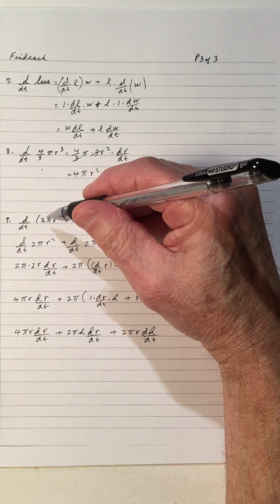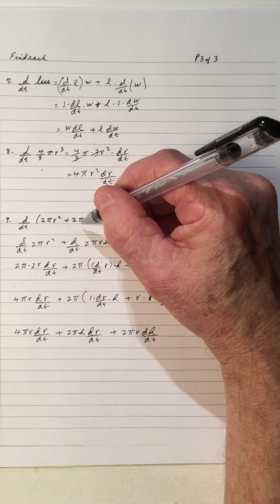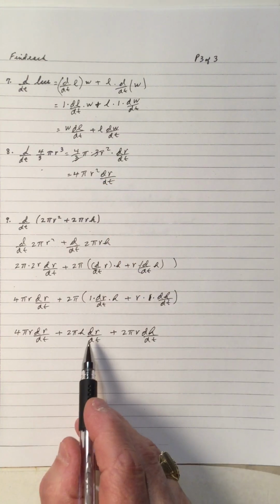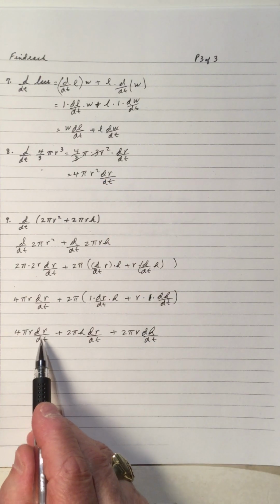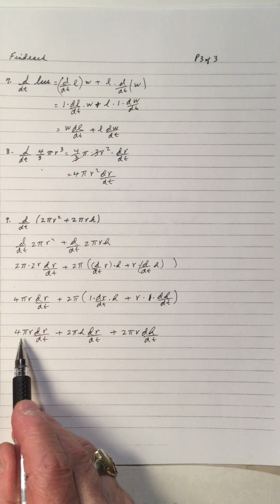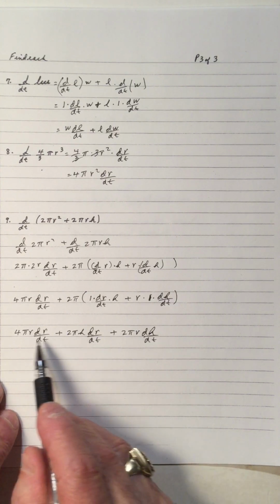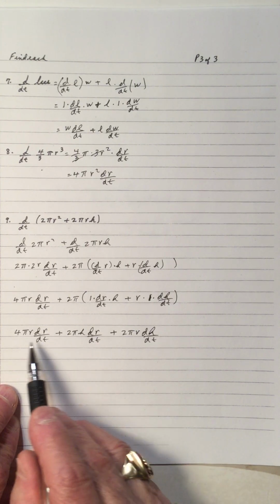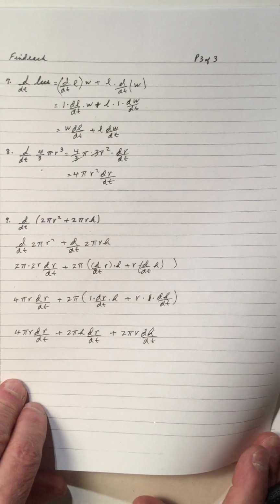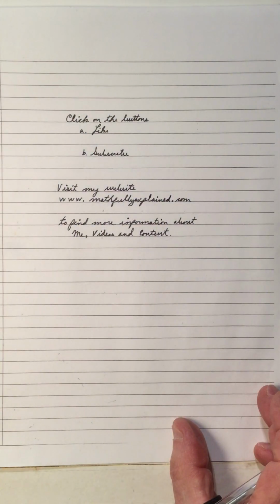This is a derivative of a sum, but within it we also have the derivative of a product. We can't combine these because they're not like terms. We can factor a little bit, but we can't add them together. So that's just doing the derivative d/dt to help you understand before we get to word problems.